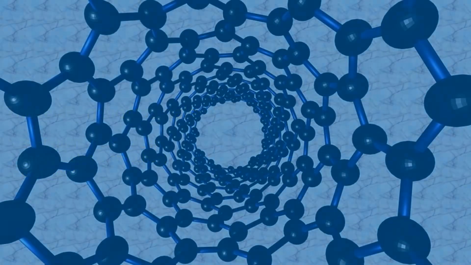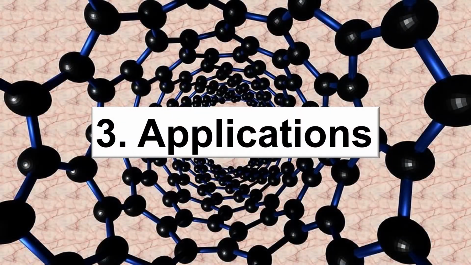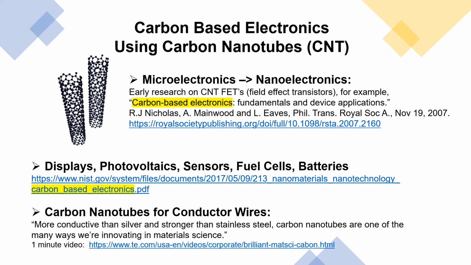Now, what about application? What can we do with this neat stuff? Well, it didn't take long for researchers to realize that a carbon nanotube was a great candidate for making all kinds of electronic parts. You begin to see the terminology carbon-based electronics used here. Here's an early citation making carbon nanotube field effect transistors.